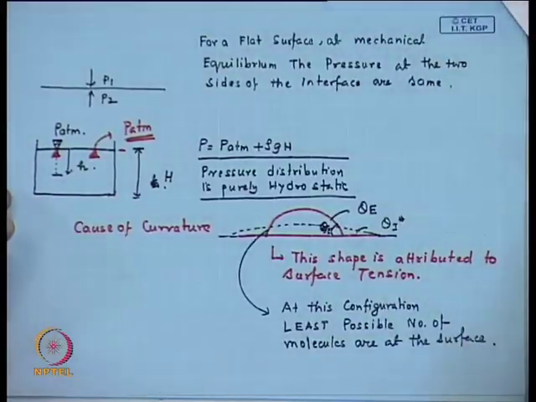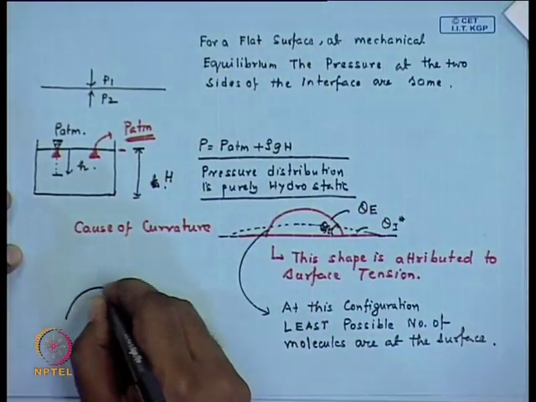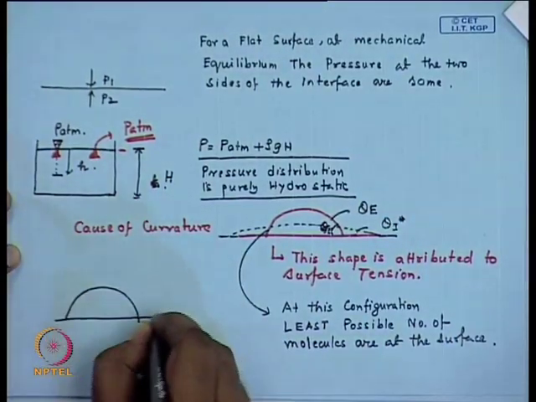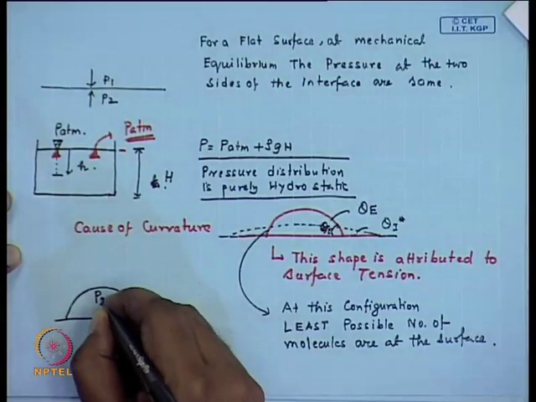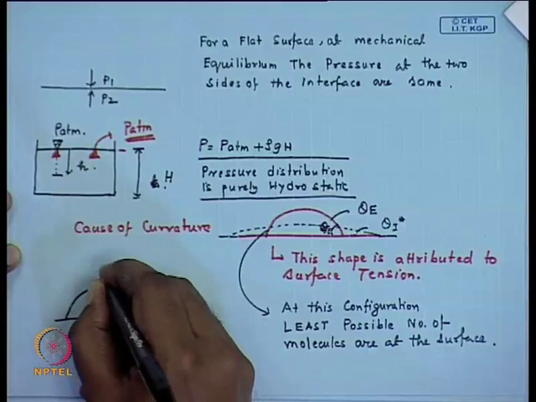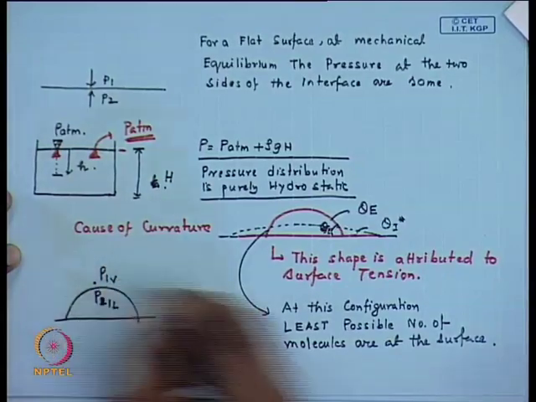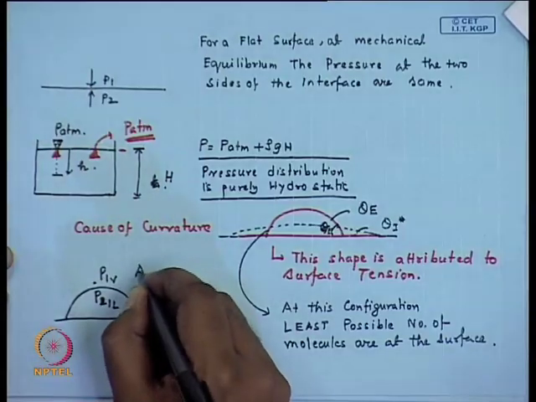Now, it is time we need to consider whether the pressure across this interface, let us say, are the same. Suppose this is a liquid drop which is exposed to air.